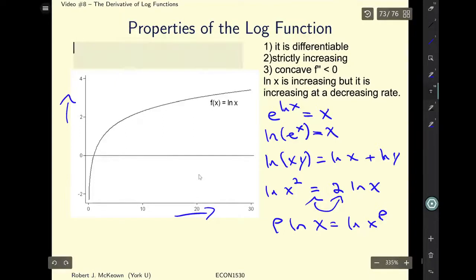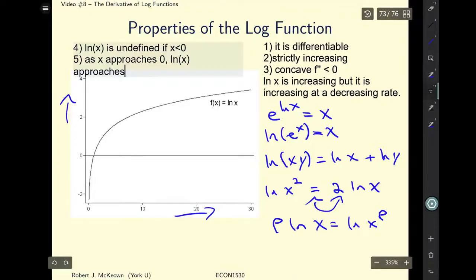Something else for log x is undefined if x is less than 0. As x approaches 0, log x approaches negative infinity.